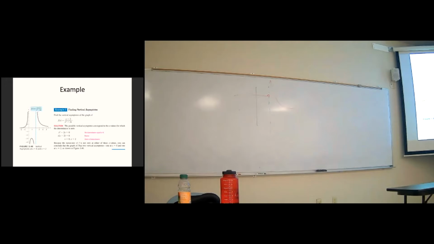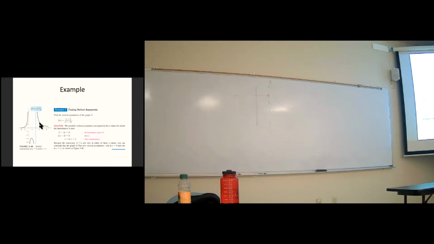So there are two different x values that our function would be discontinuous at, when x is equal to 0 and when x is equal to 2, just because our denominator could be 0 at either one of those values. So that forces two different asymptotes.